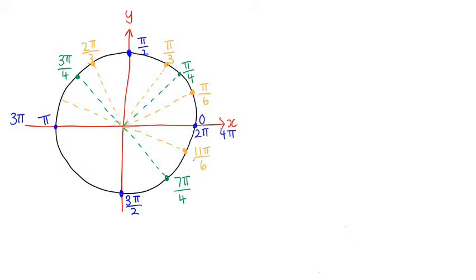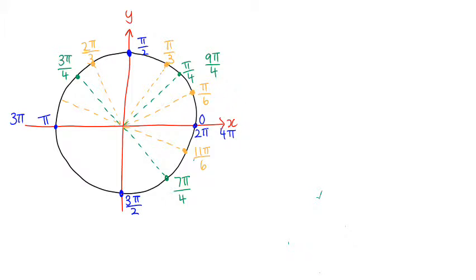Okay? Same with if you went in quarters, and you go 1 quarter, 2 quarters, 3 quarters, 4 quarters, 5 quarters, 6 quarters, 7 quarters, 8 quarters, 9 quarters. 9 pi on 4 is the same as pi on 4, because it's a full 2 pi plus another quarter.